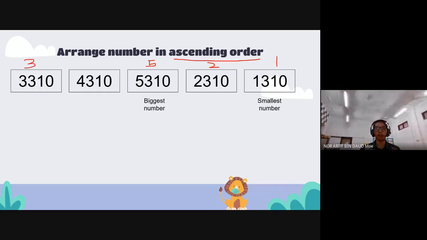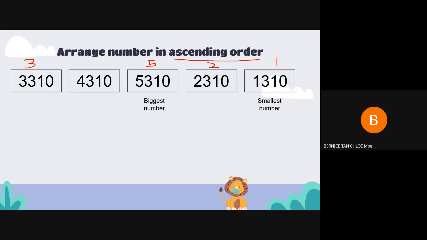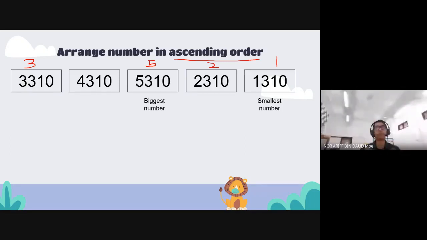Okey, siapa lagi ya? Oh, Ifah ada. Okey, Ifah, boleh tak bagi tahu saya Ifah, nombor 4 yang mana satu Ifah? Buka mic dulu Ifah. Yang mana satu nombor 4 Ifah?